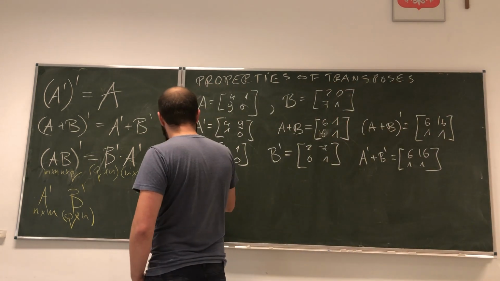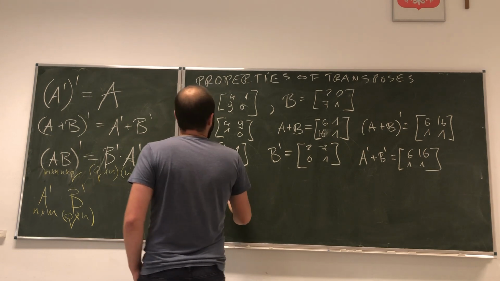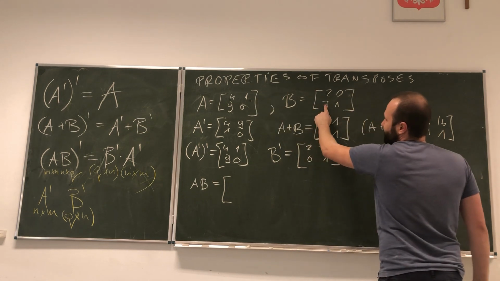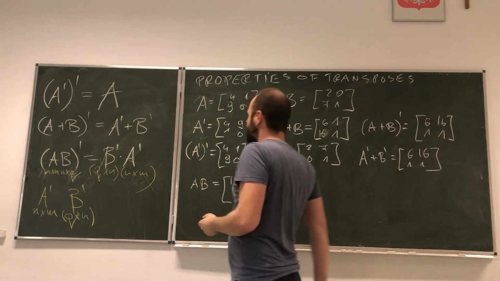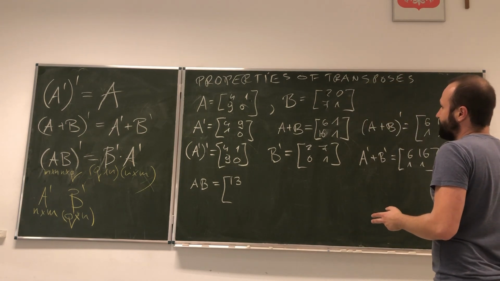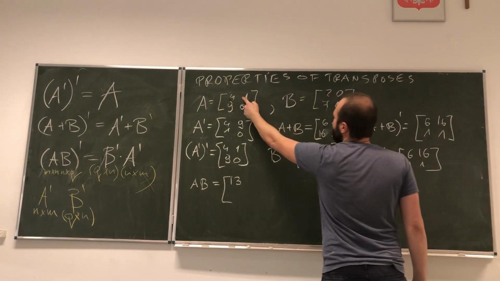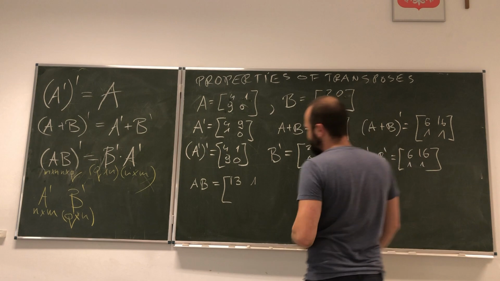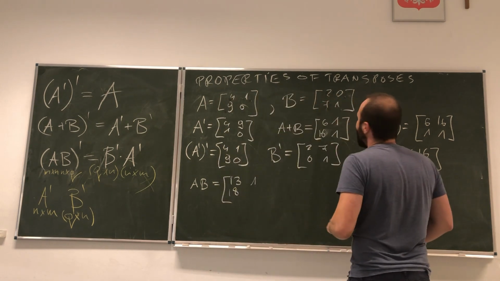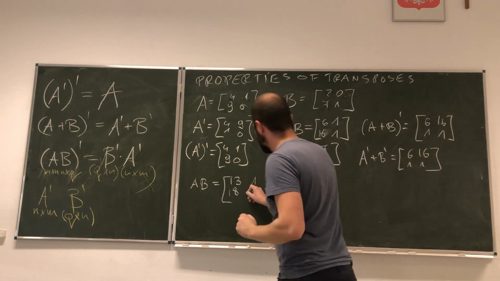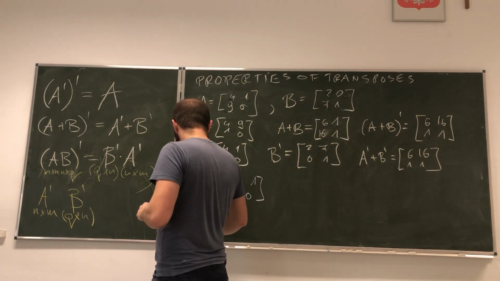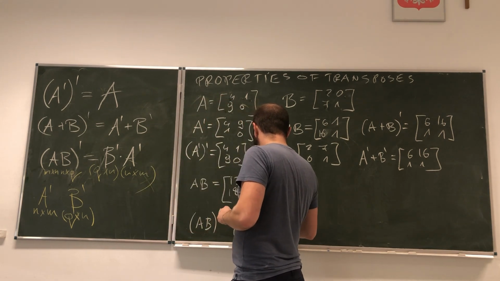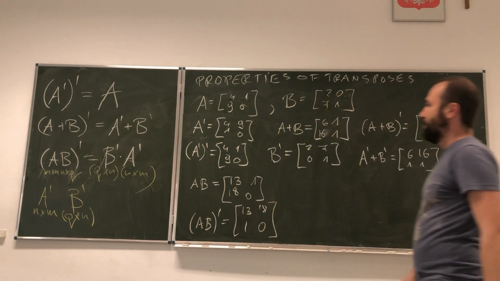Okay, so now the last property. First, I need to multiply A by B. I've got 4 times 2 is 8 plus 1 times 7, 15. Then I've got 4 times 0 plus 1 times 1, 1. Then I've got 18 plus 0, 18. And 0. So the transpose of AB is 15, 18, 1, 0.